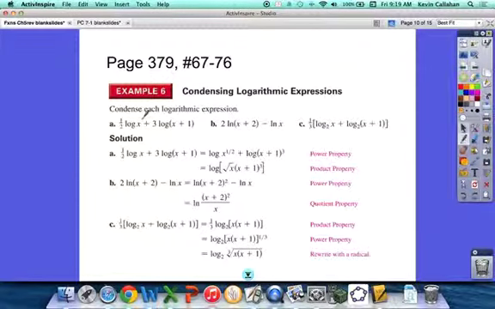Make this 1/2 be the exponent of the x. Make this 3 be the exponent of x plus 1. And then you can put those two together into one logarithm. You can't do that as long as there's a number in front of the logarithm. And you can notice that at the same step, they changed that x to the 1/2 into a square root of x. Same thing.